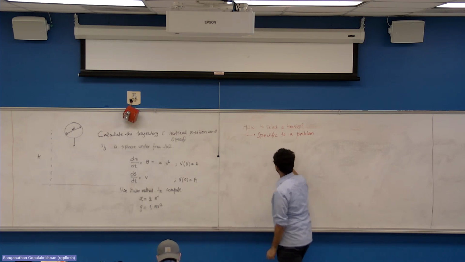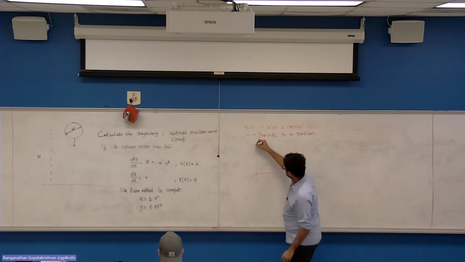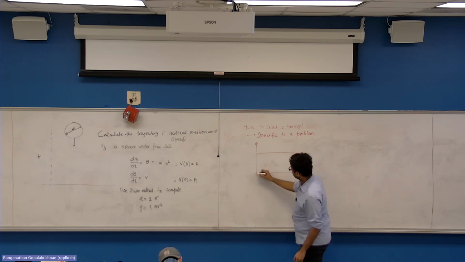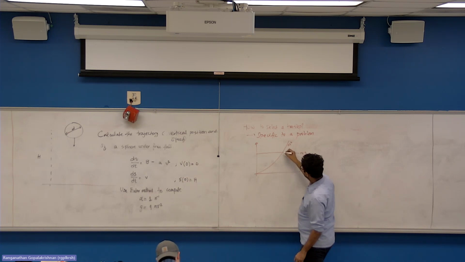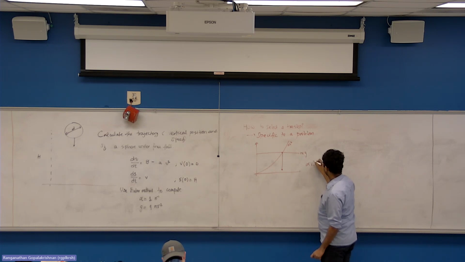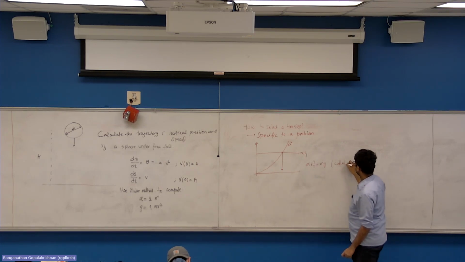Think about the forces: the weight is a constant, whereas the drag force increases with velocity. So at some point they'll intersect, and this velocity, alpha Vt squared equal to mg, is called the terminal velocity.